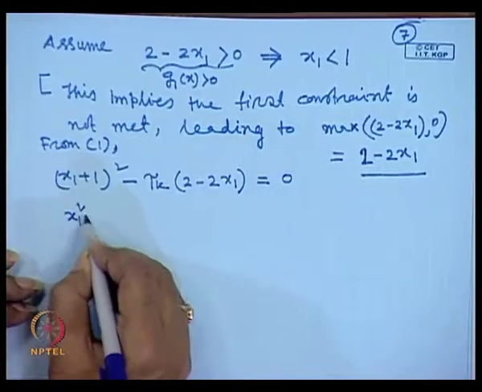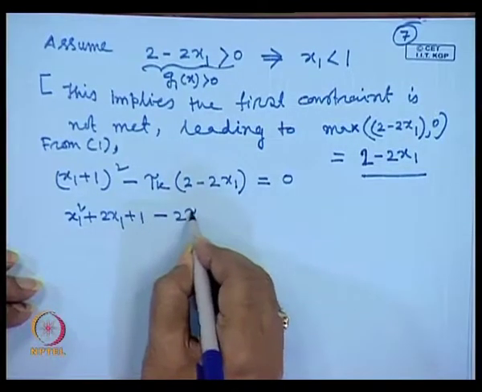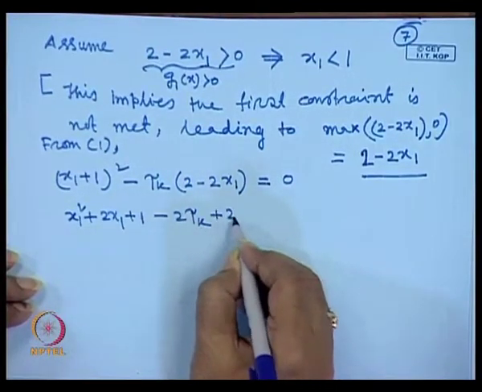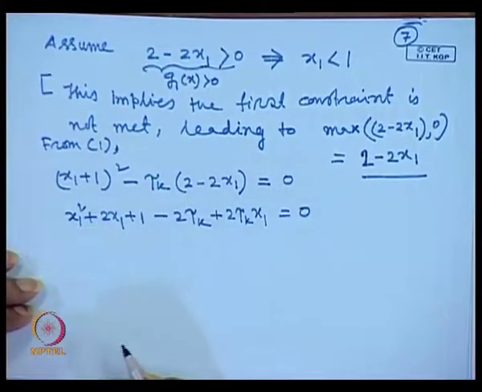So, this is x 1 square plus twice x 1 plus 1 minus twice tau k plus 2 tau k x 1 is equal to 0. Okay.